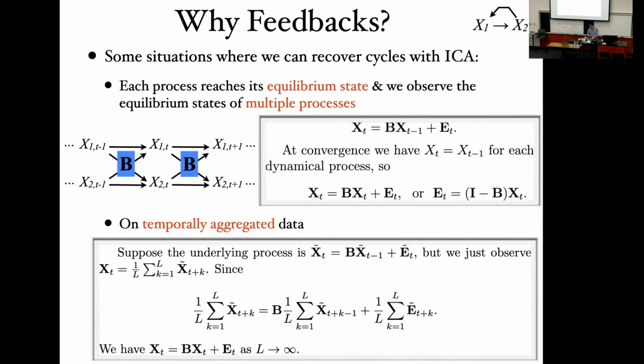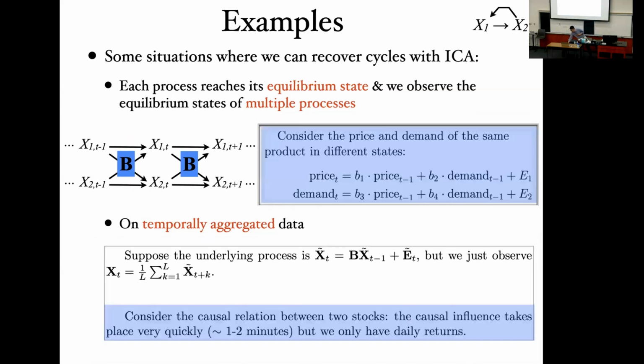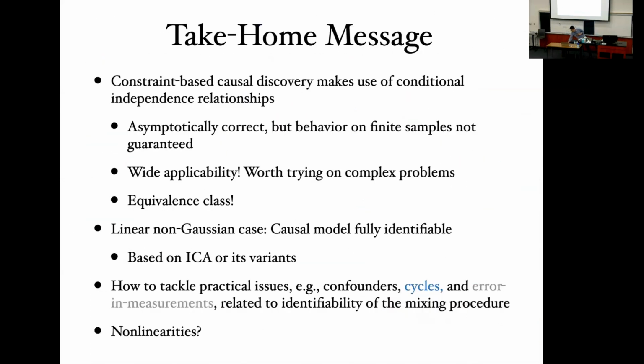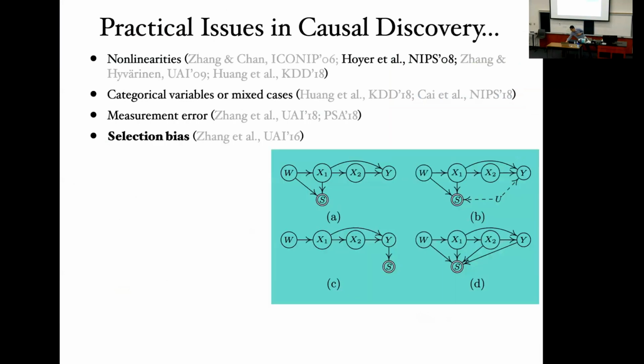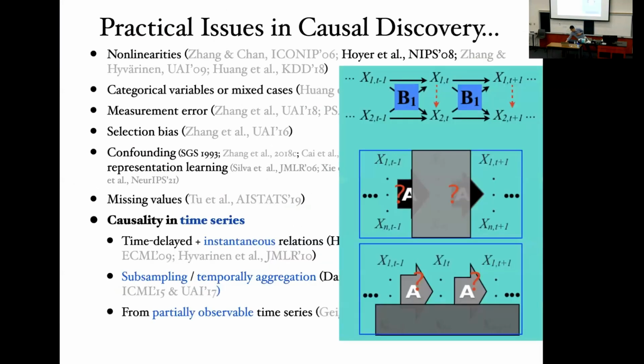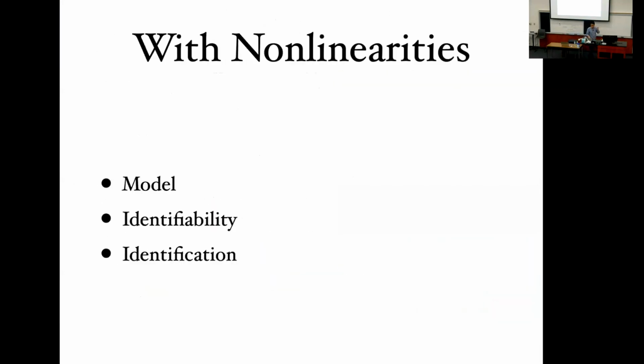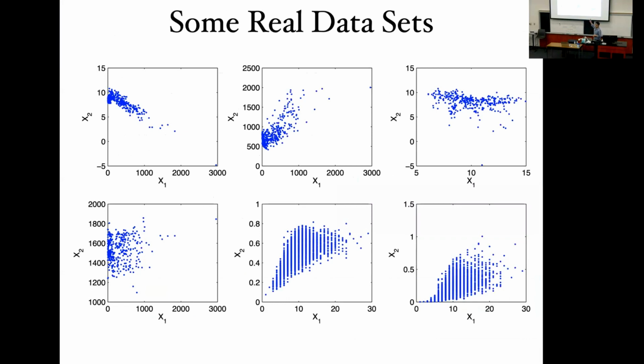Now what's left? First of all, let's have a look at the nonlinear models. You see identifiability and how we can estimate it from data very quickly. Again, you look at those things, you can see the relations are kind of nonlinear, right? Very often the relations are nonlinear.